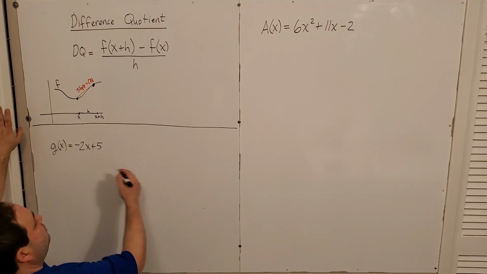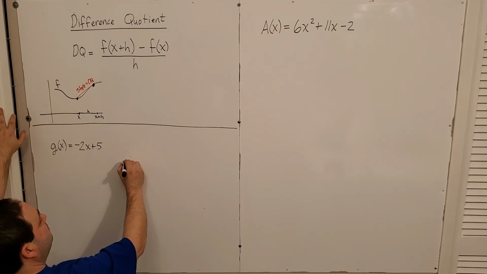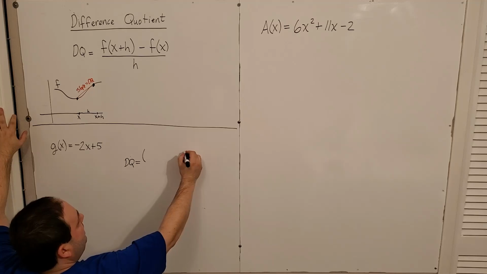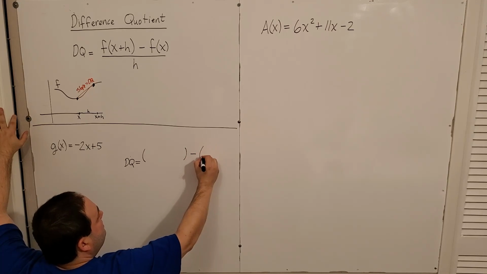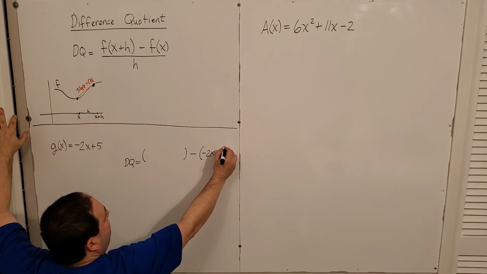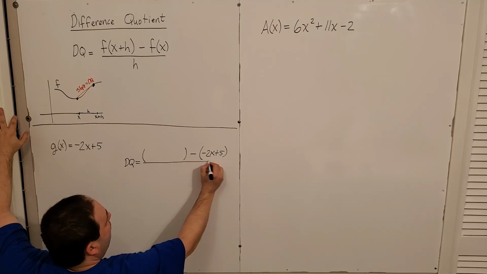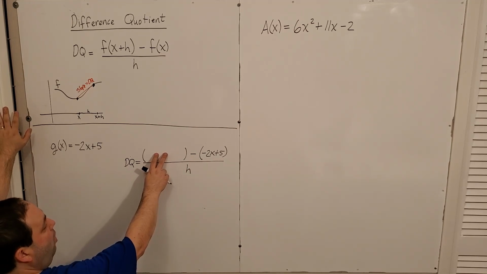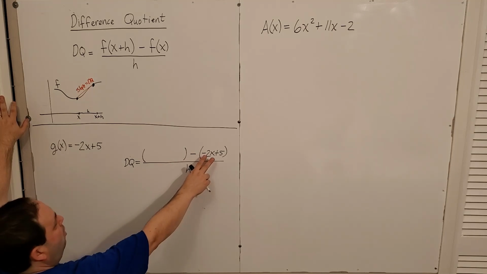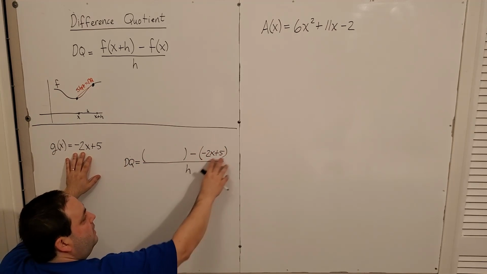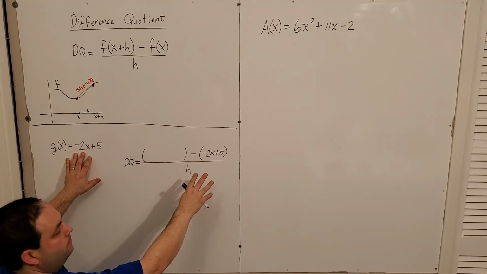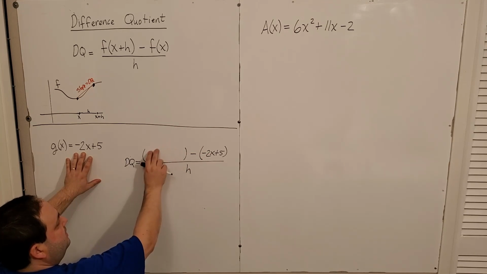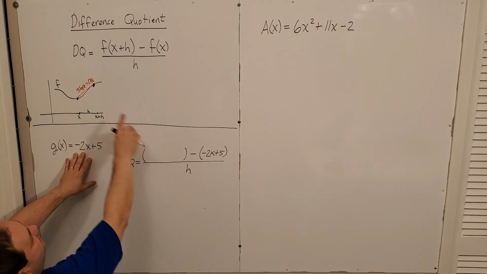For my difference quotient here, I already have something minus negative 2x plus 5. And then I already have the denominator too, it's always h. So you always start out this way with difference quotient. You always are given the function. There it is. It goes in that spot every time. And h is always down here. The trick is to get this part. The f of x plus h.